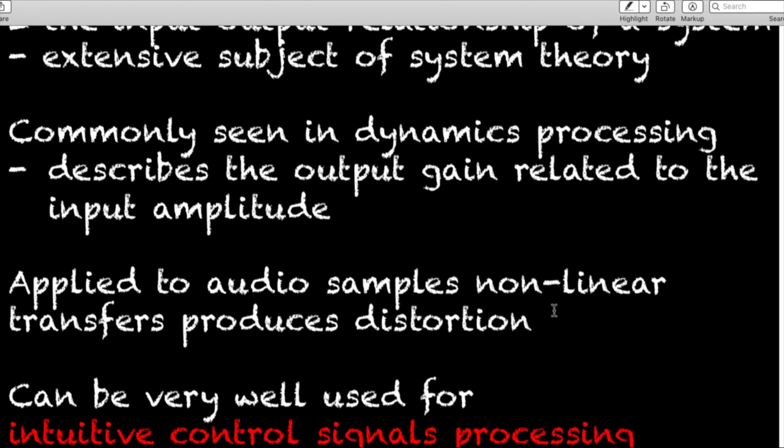I don't want to spend too much time on the audio side of dynamics processing and transfer functions, but it is worth knowing that distortion algorithms are also depicted using transfer functions. The difference is that with dynamics processing, you're mapping input and output gains, while with distortion, you're mapping input and output sample values.